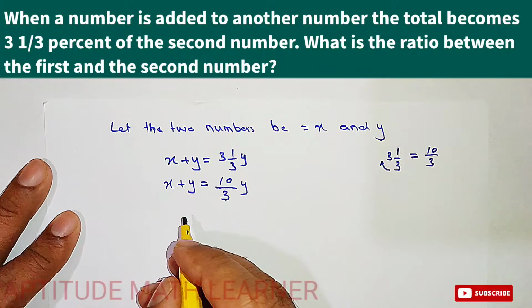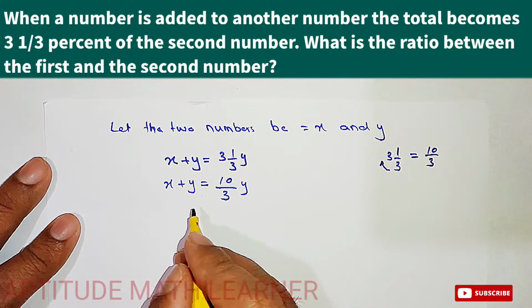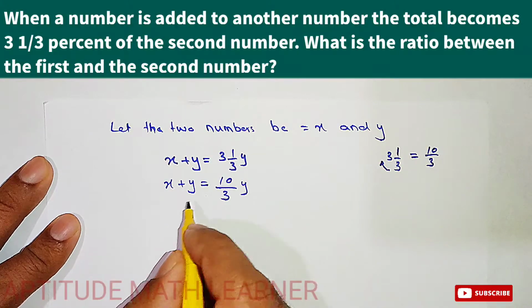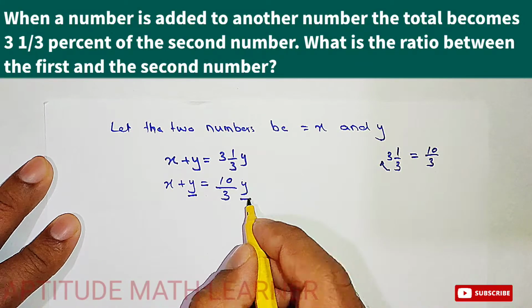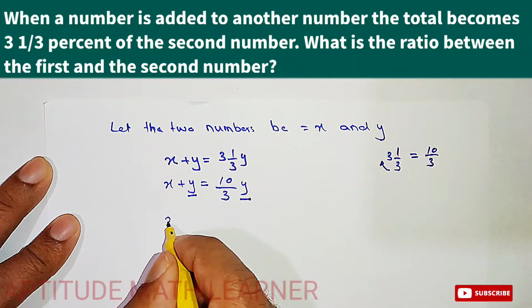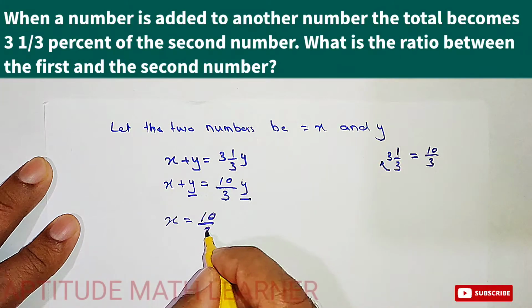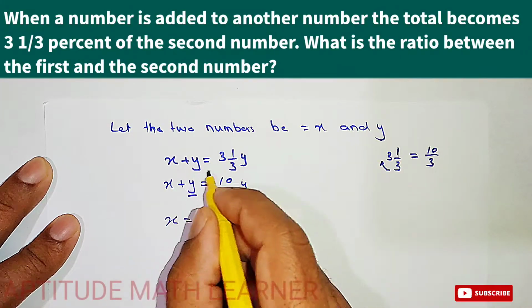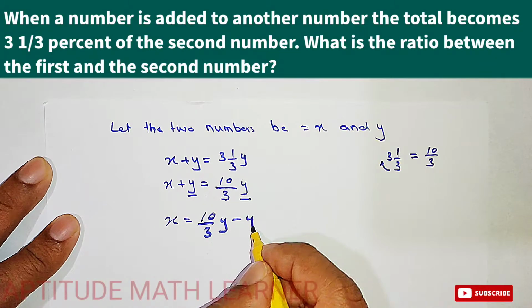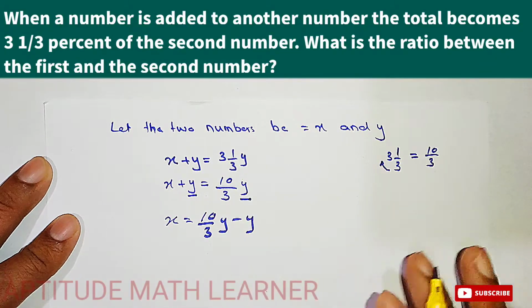And further solving, this becomes x is equal to 10 divided by 3 y, and this y goes to this side, becomes minus y.